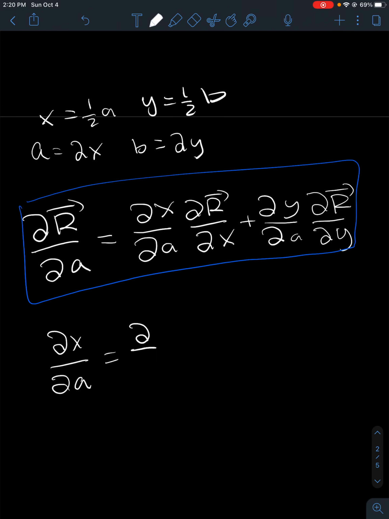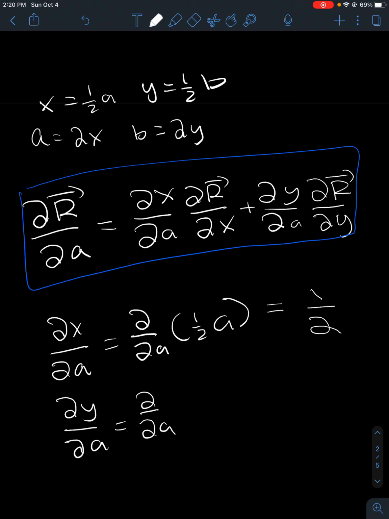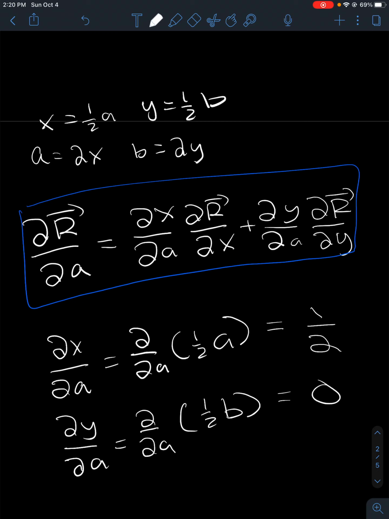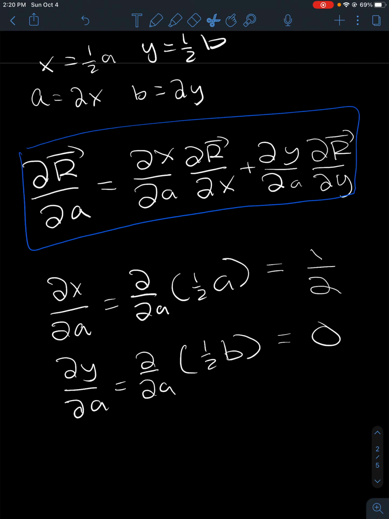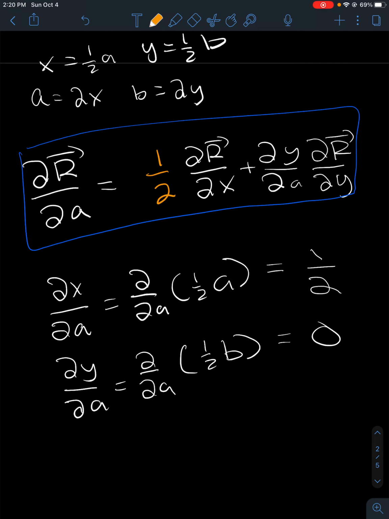So the partial derivative of 1/2 a with respect to a, well, that's just going to give us 1/2. You can do the same thing for y. So we can do the same thing for partial y over partial a. Taking the y value, that's 1/2 b. There's no a term in here, so that just equals 0. So you've already simplified this down to 1/2 and 0.